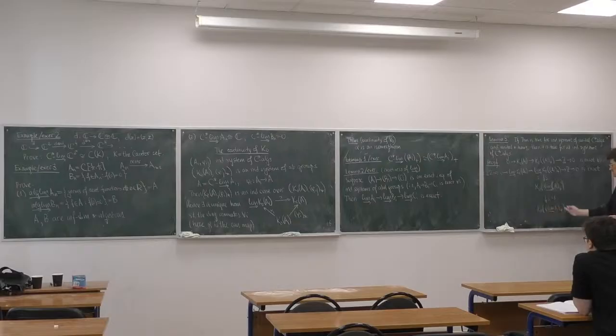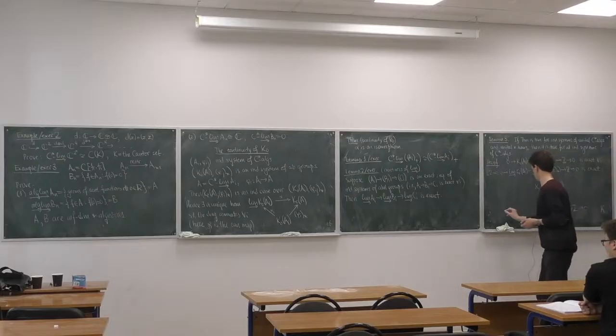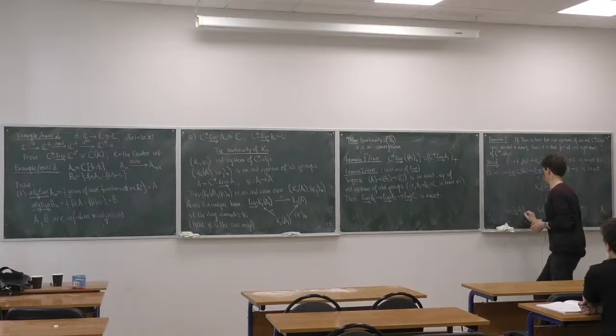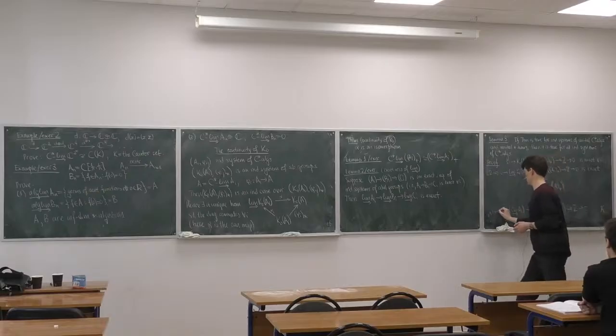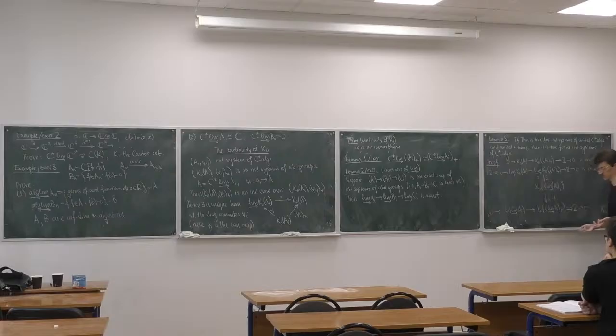Let's now draw a similar sequence for this unital algebra. So here we have Z and K0 of the inductive limit of the algebras AI. Again, this sequence is exact just by the definition of K0 for non-unital algebras. Here we have the identity map, and it's easy to observe that the diagram commutes.